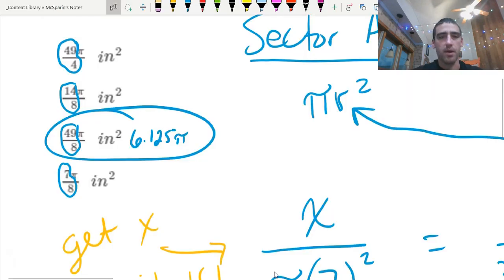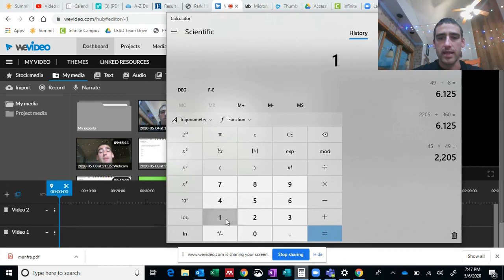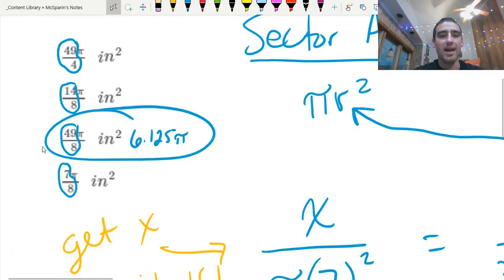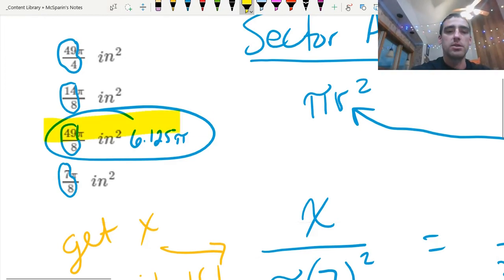That's not what I want. 14 divided by 8 is 1.75. No, that's not right. And 7 divided by 8 is going to be smaller than 1. So there is my answer.